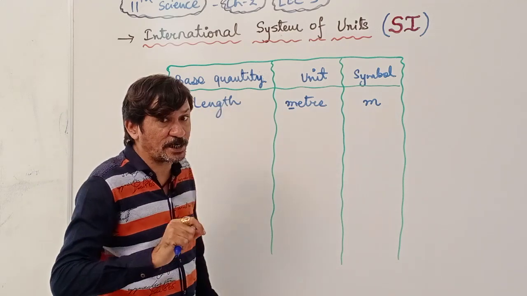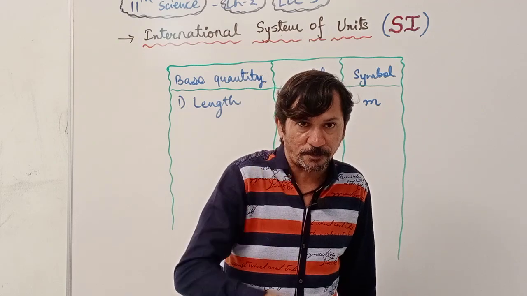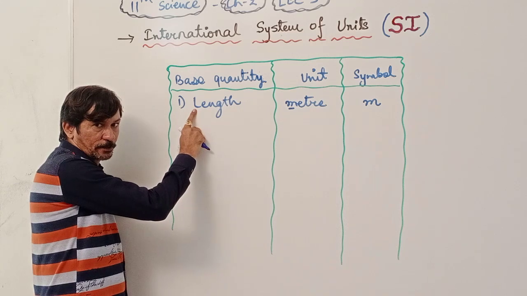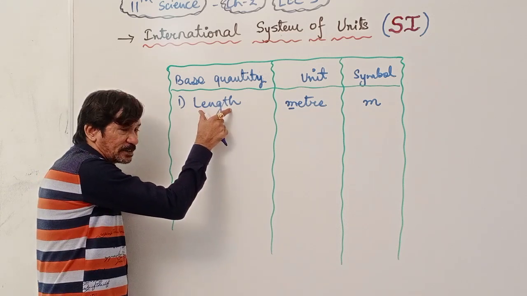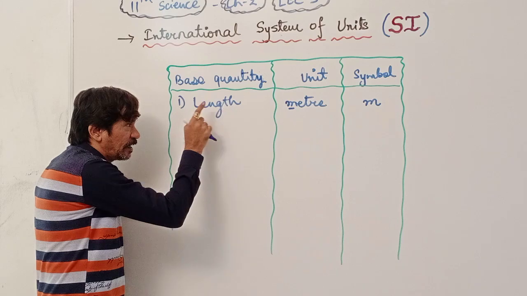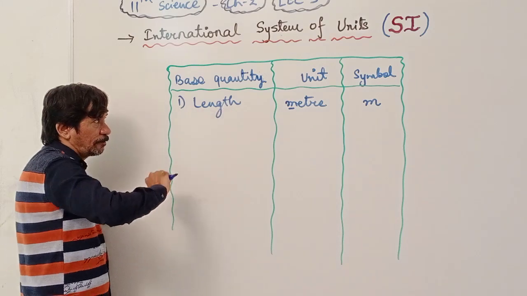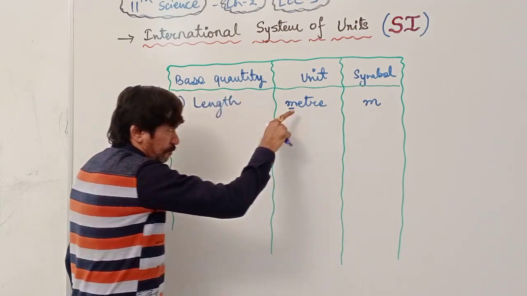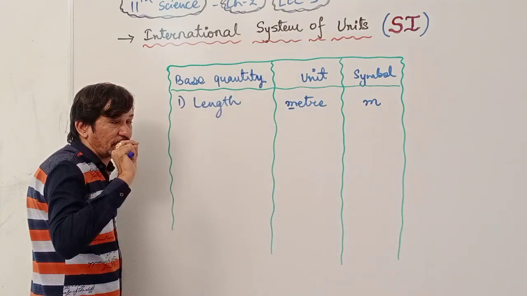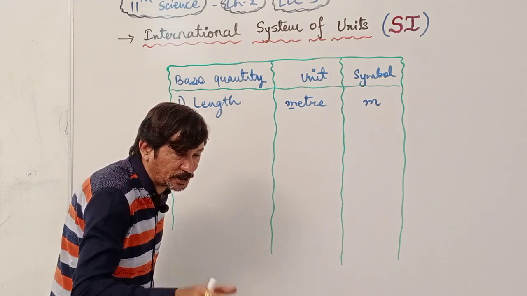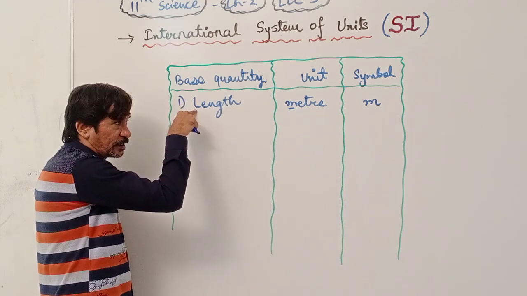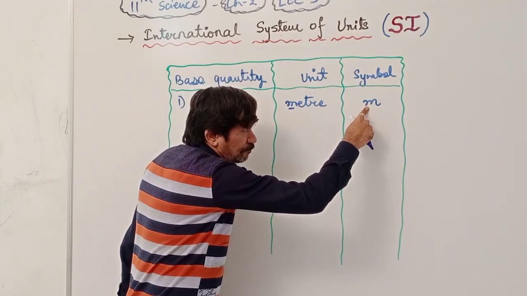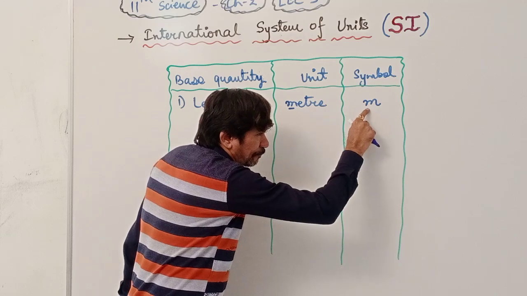If we need to denote length by a symbol, then we will write only L, because L is the symbol of length. Length is the quantity and L is its symbol, but meter is a unit and m is its symbol.